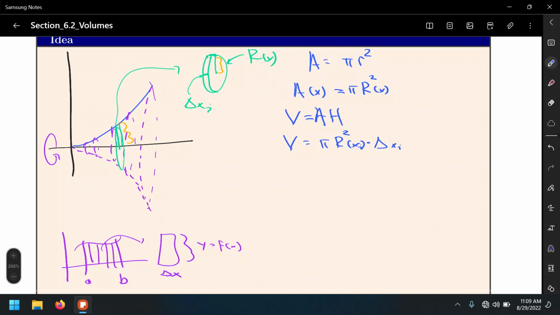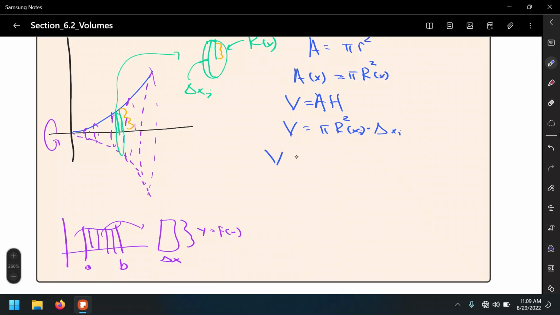And again, we can partition that into 5 disks, but of course that's not going to give us the actual volume. 100 disks, well, maybe a little better approximation, but to get the actual result, how many disks do we need? Infinitely many, right? Infinitely many disks. So number one, the volume would be approximately the sum from i equals 1 to n of pi r squared of x delta x sub i.